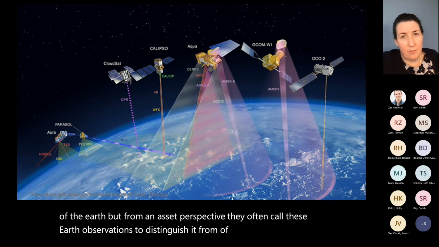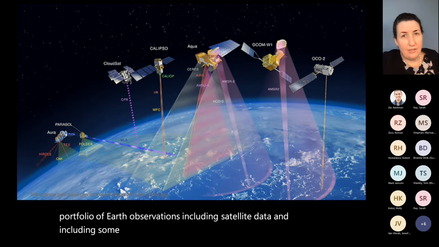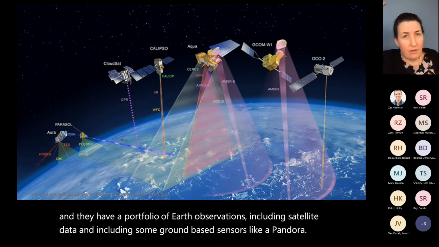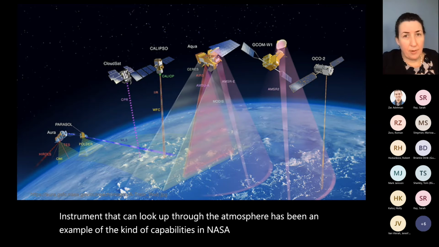They have a portfolio of Earth observations, including satellite data and some ground-based sensors, like a Pandora instrument that can look up through the atmosphere, an example of the kind of capabilities that NASA has been embracing.